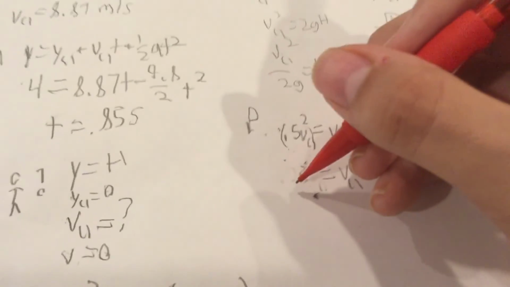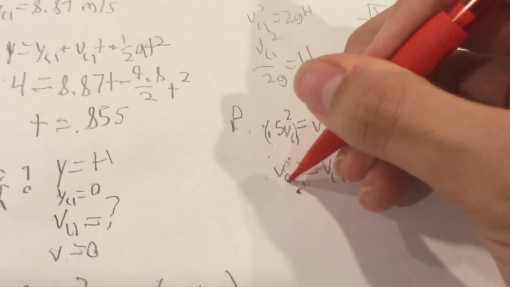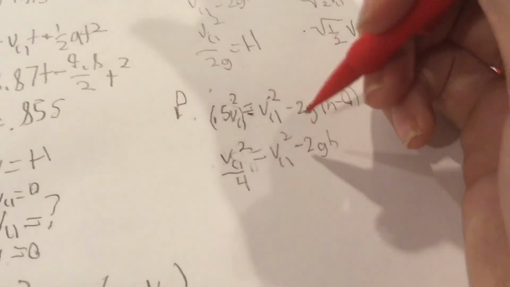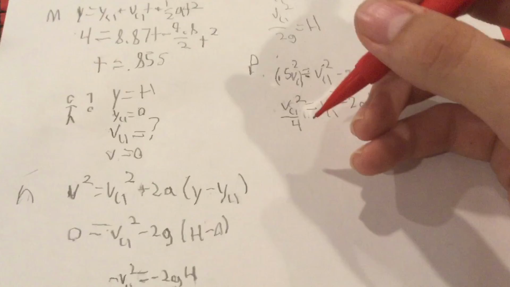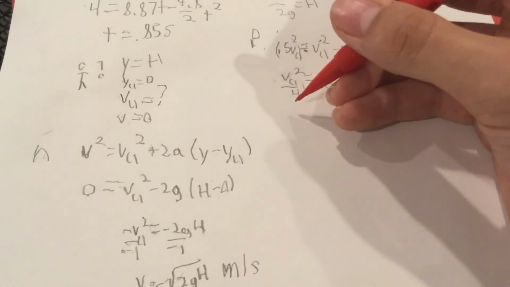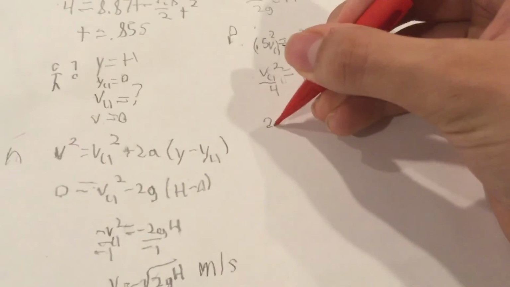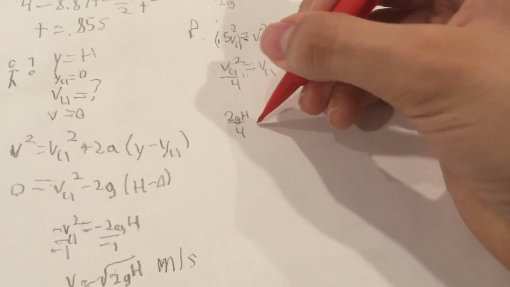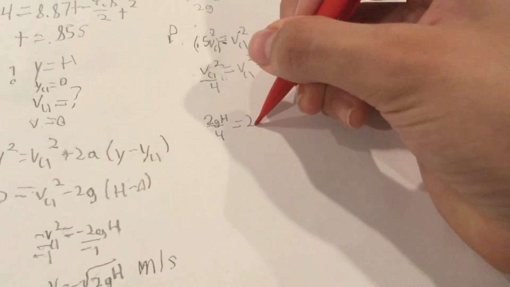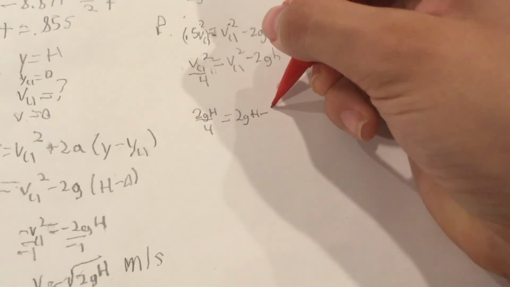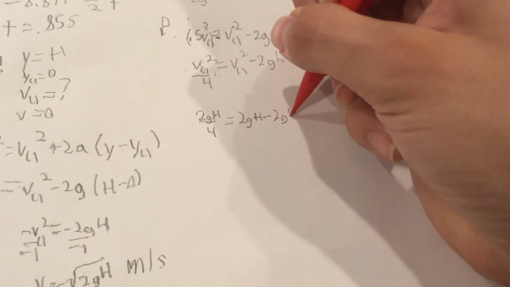So we'll have v naught squared over 4. Okay, then we can substitute v naught. We know v naught is root 2gh, so it'll be 2gh over 4 equals 2gh minus 2g lowercase h.